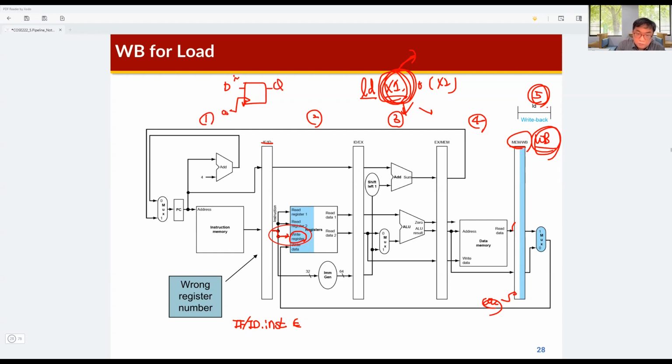This is the input and this is the output, and the data is sampled by this clock signal. Okay. So this is the instruction output from the instruction fetch and instruction decoding pipeline register.